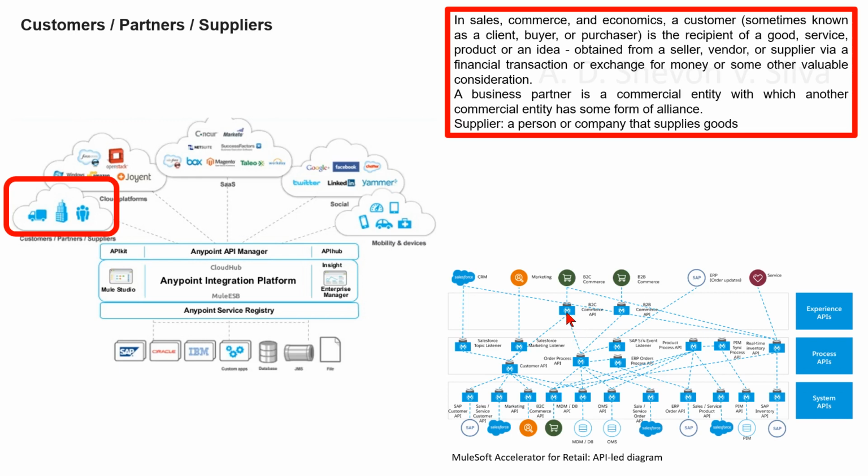The B2C commerce API interacts with B2C commerce, and here the B2B commerce API interacts with B2B commerce. Here the ERP order API interacts with the ERP order process API, and the ERP order process API interacts with the order process API.